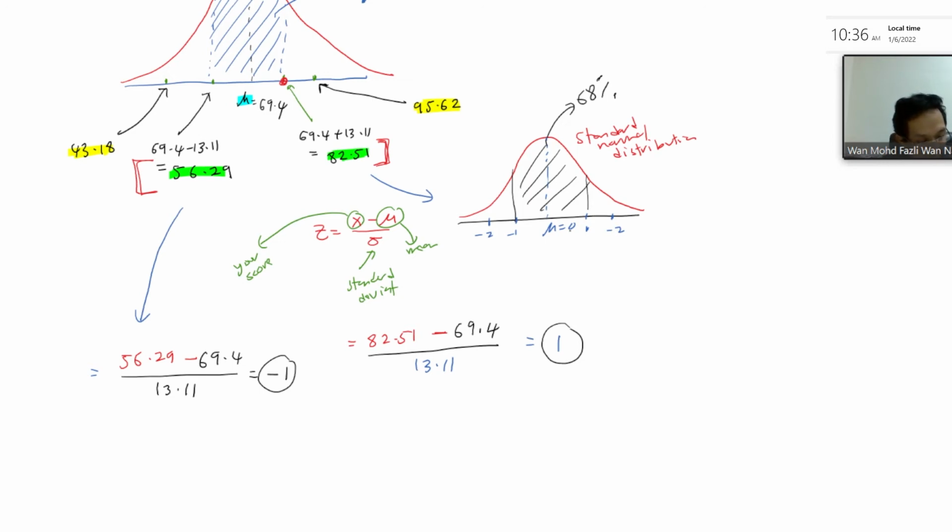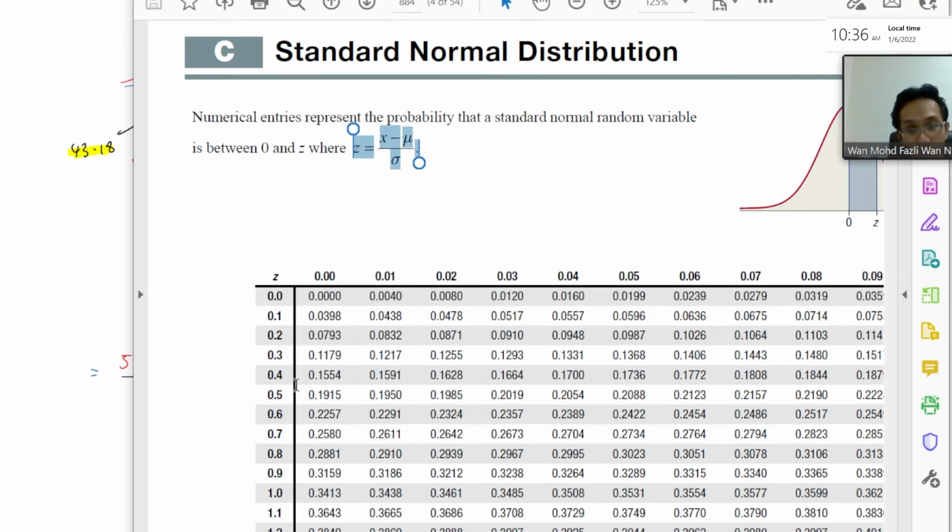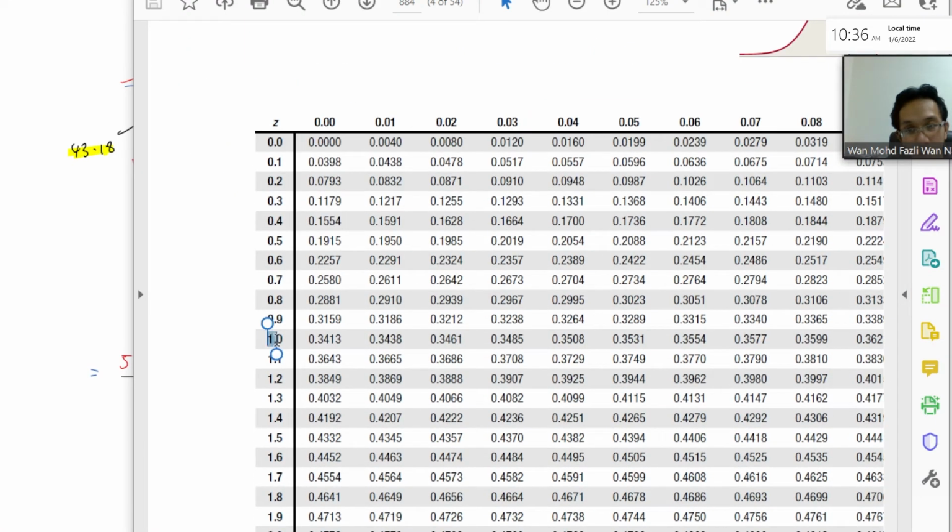And we saw before, if this is 1, and you go to number 1 here, the area from 0 to 1 is 0.3413, which is 34.13%.